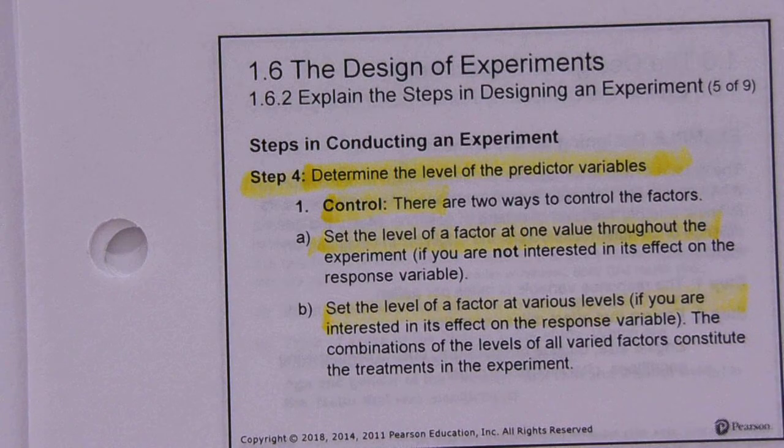So in the example of weight loss, we might say, this group is going to get 1,200 calories a day, this group is going to get 1,500 calories a day. They're both going to exercise, but this one's going to be 30 minutes, this one's going to be an hour. So you can set the controls at different levels depending on what you're trying to accomplish.